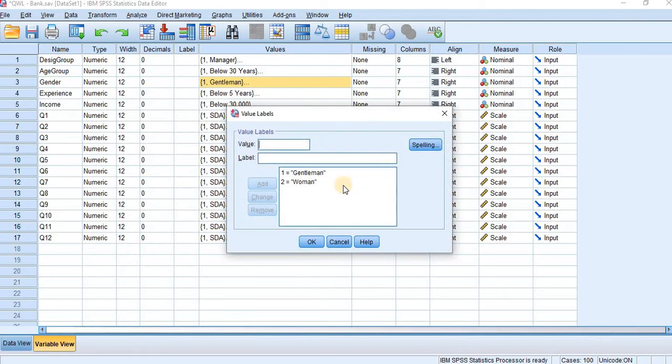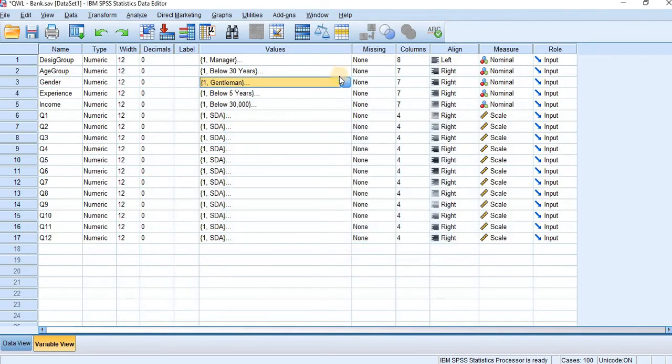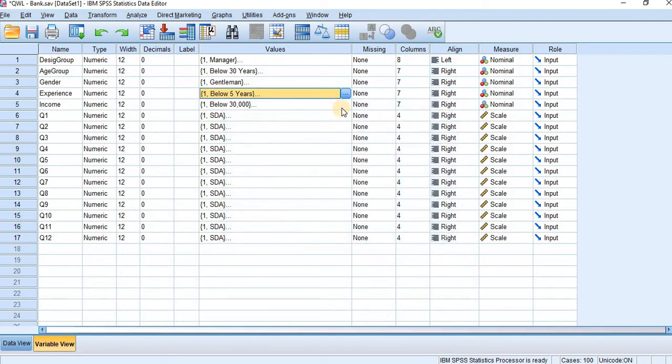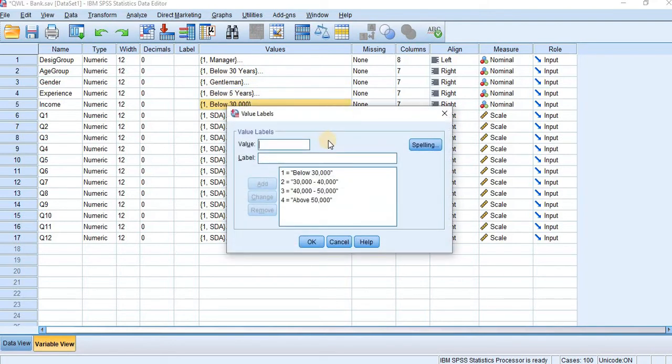Gender: gentlemen and women. Experience: below 5 years, between 5 and 10 years, between 10 and 20 years and above 20 years. Income group: below 30,000 and 40,000, between 40,000 and 50,000 and above 50,000.